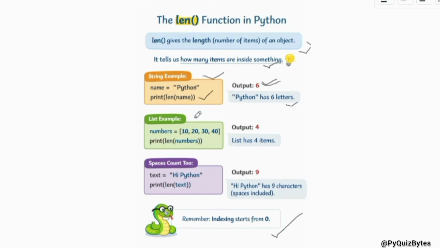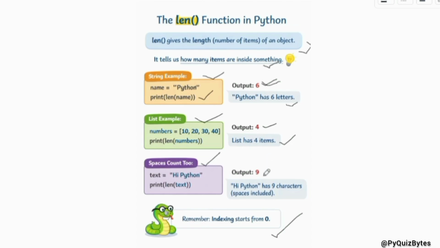Okay, and the example list. Here there are 4 elements, 1, 2, 3, 4. So that is the reason it will give you the output as 4 when we perform len on this collection, because it has 4 items. Remember, it always starts from 1. In case of a string, space is also considered as an element.